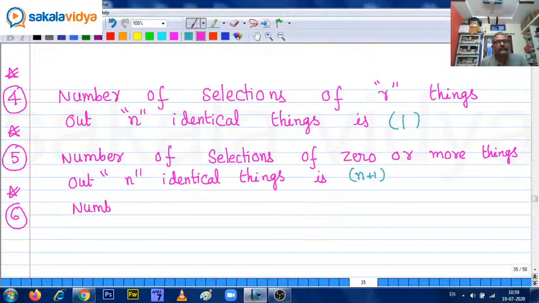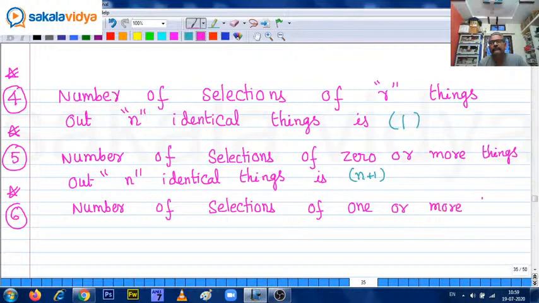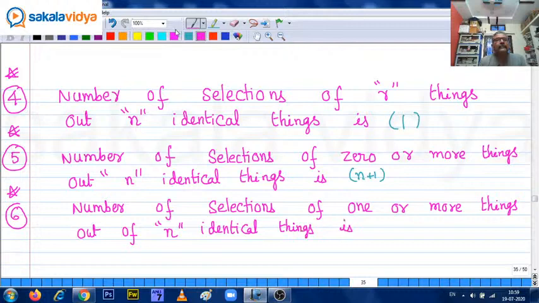Number of selections of one or more things out of n identical things is simply n, because 0 is excluded, only n ways.